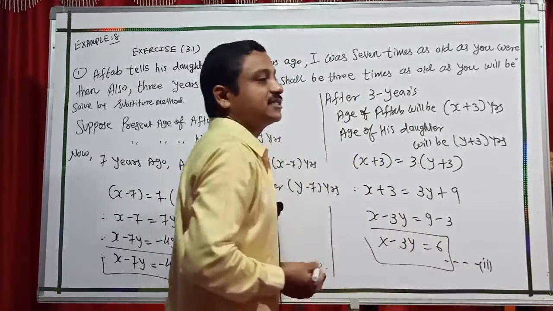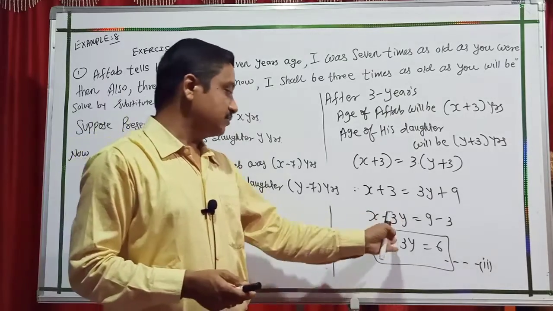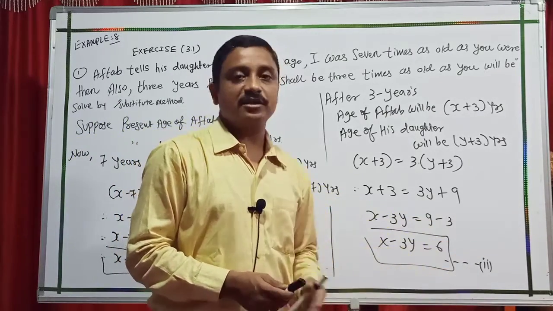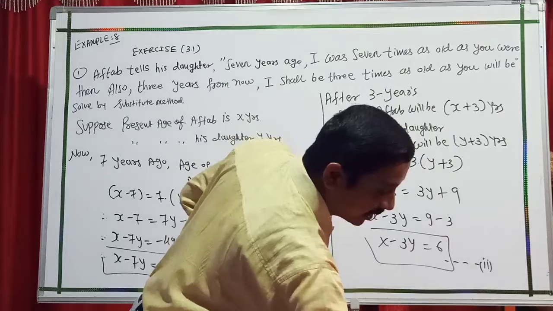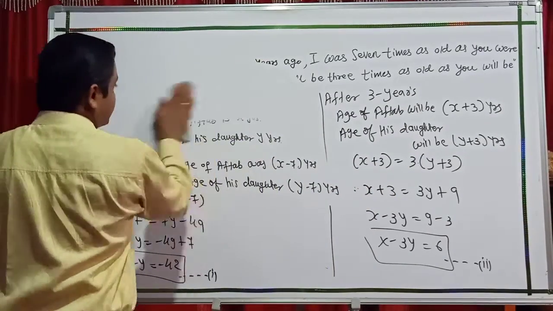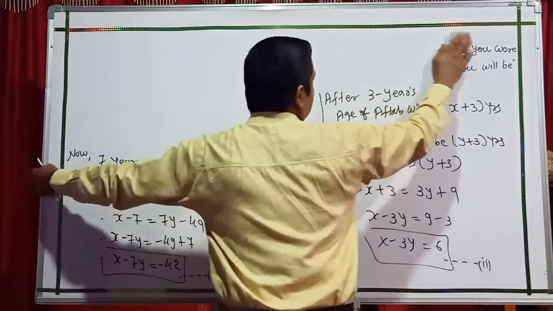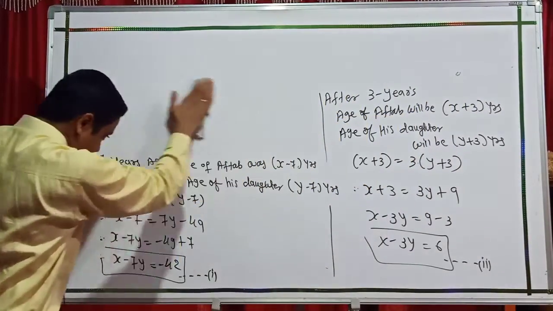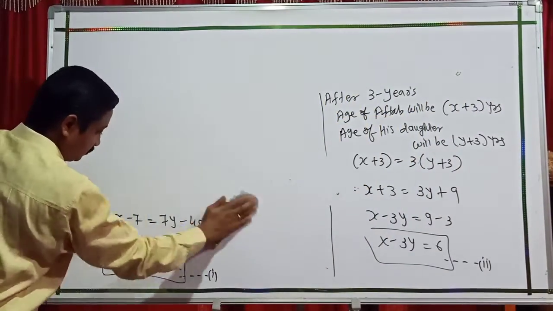Now students, 9 minus 3 is 6, going to the substitution method. With equations 1 and 2, we now operate the substitution method.